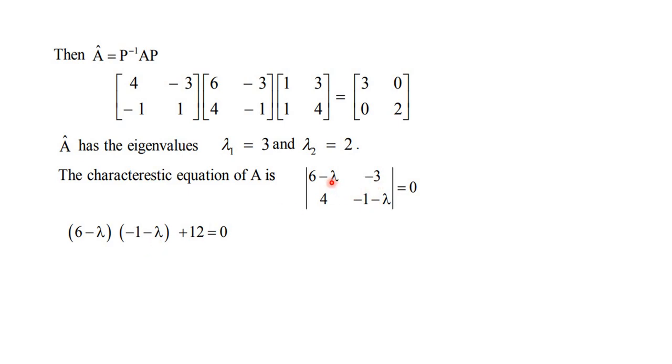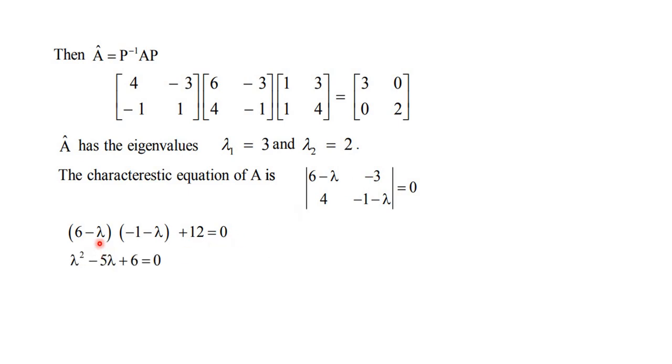We take the product of the diagonal entries minus the product of the off-diagonal entries. That is, 6 minus lambda into minus 1 minus lambda minus 4 into minus 3, that is plus 12, equal to 0.